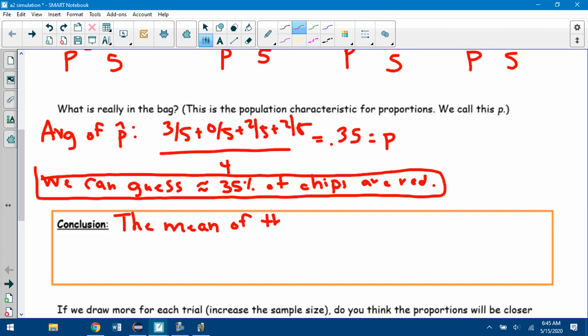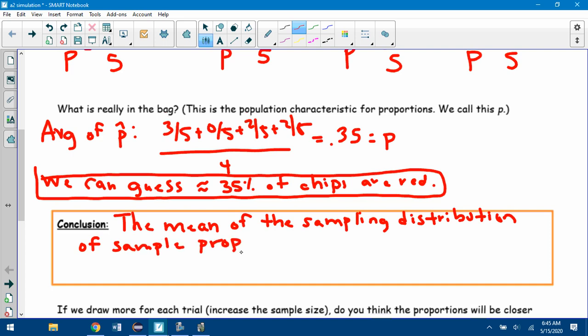The mean of the sampling distribution of sample proportions will be approximately equal to the true population proportion.